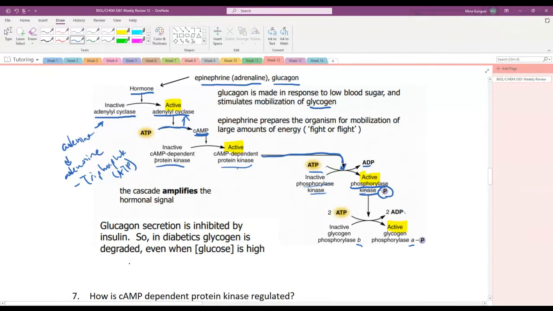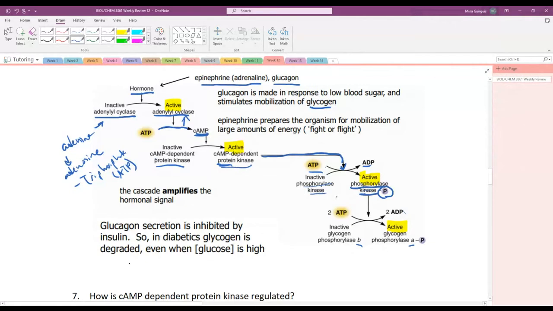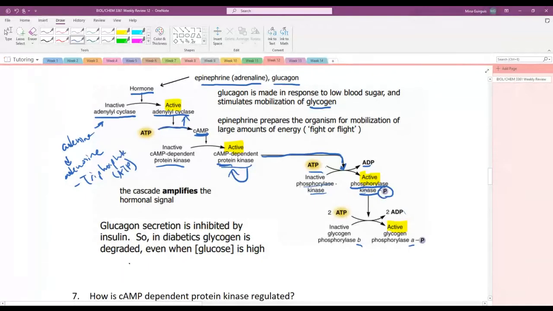Okay, and that's another thing, keep track of this name, protein kinase. So it's not a glycogen kinase, it's not a phosphorylase kinase, it's not phosphoprotein kinase, it's a protein kinase. And so exactly as it sounds, it phosphorylates the protein, okay? And specifically this protein, all right?